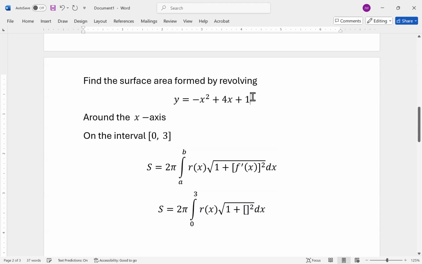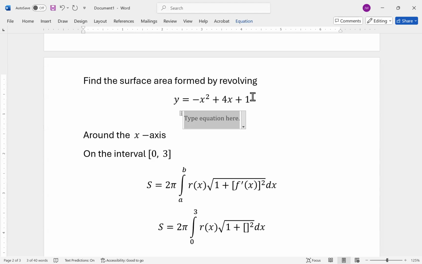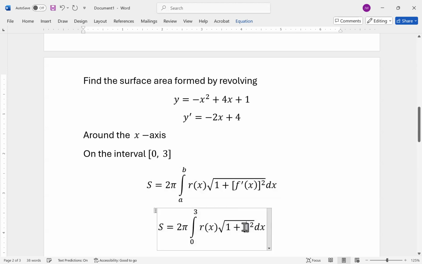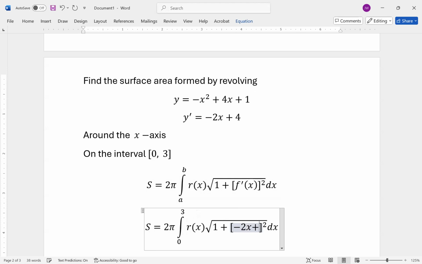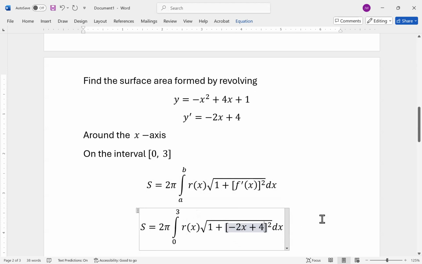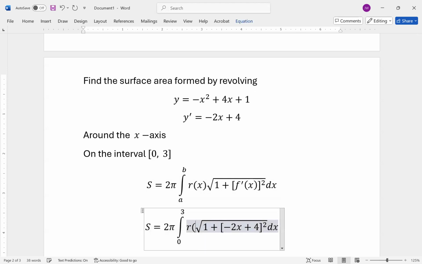The f prime is the same as we had the first time we did this. That's the derivative of my original function. That's negative 2x plus 4. So I'm putting negative 2x plus 4 inside the square root. Underneath, we have 1 plus derivative squared. The radius is the key part.